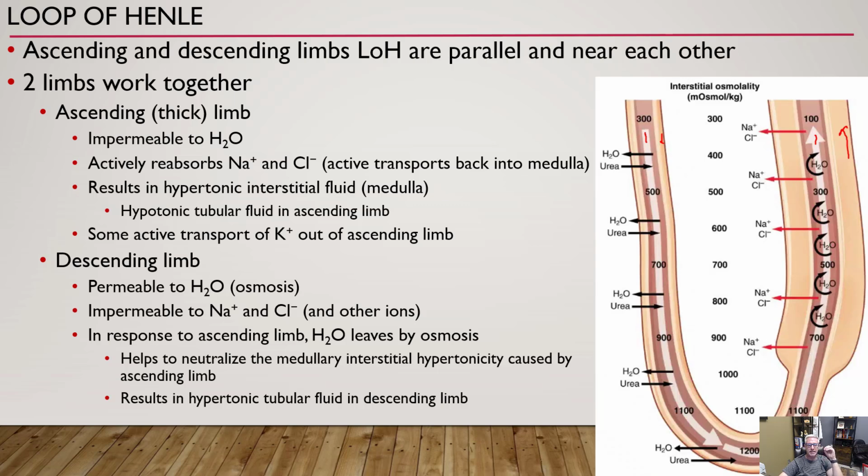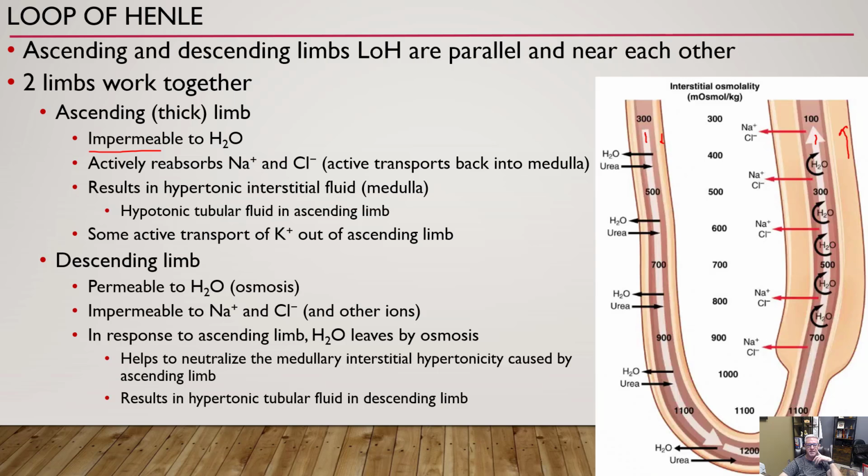So the ascending limb is impermeable to water. Water does not come out of the ascending limb. So you can see that only sodium and chloride do. So the ascending limb actively reabsorbs sodium and chloride, and it actively transports them back into the medulla.